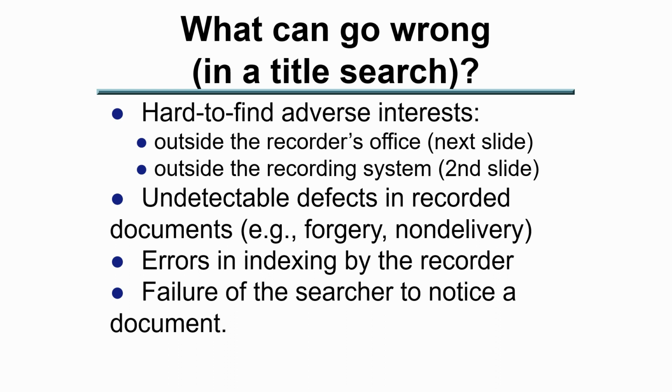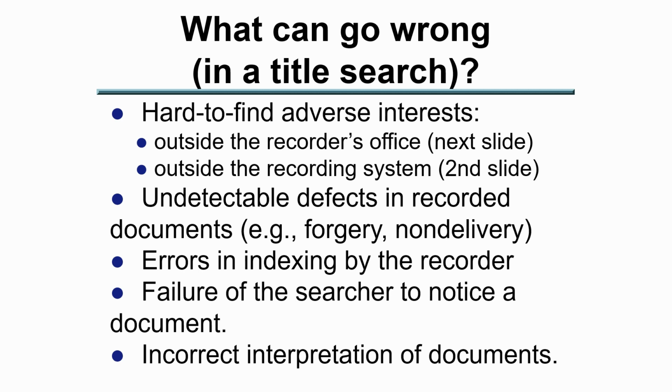There is also the problem of the searcher simply failing to notice a document. After all, title searchers are only human, and like every human, they can make mistakes. They can look at something that's obviously relevant and somehow, due to a mental lapse, conclude that it's not relevant and fail to pay any attention to it.